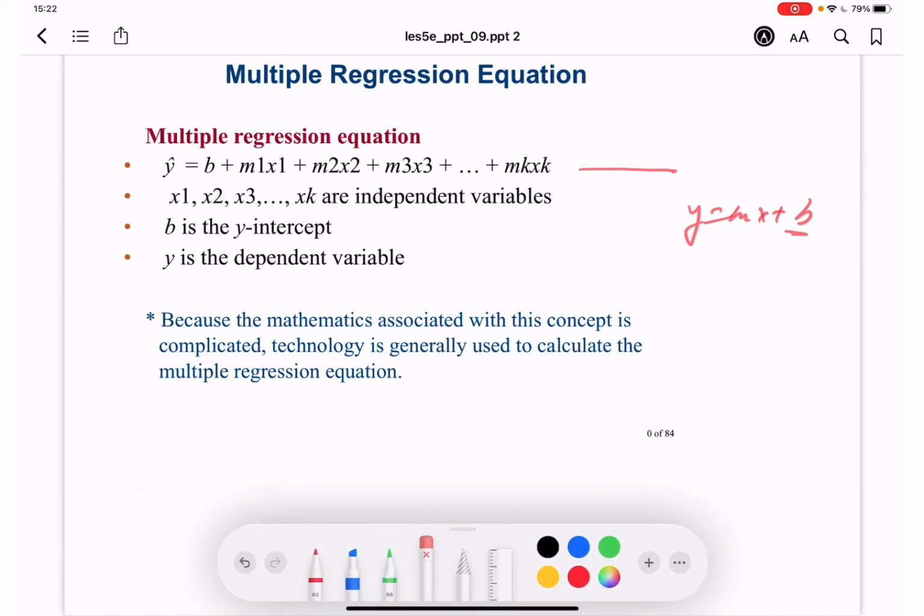So it's going to be x1, x2, x3, up to xn. Those are components of x, right? With, accordingly, their slopes. So m1, m2, m3, and mn, xn, okay? So it says here, x1, x2, x3 are independent variables, b is the y-intercept, and y is the dependent variable.